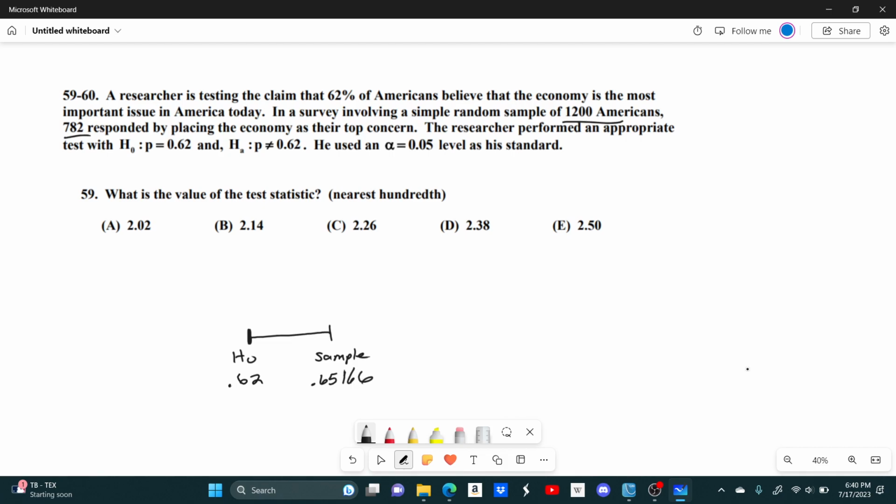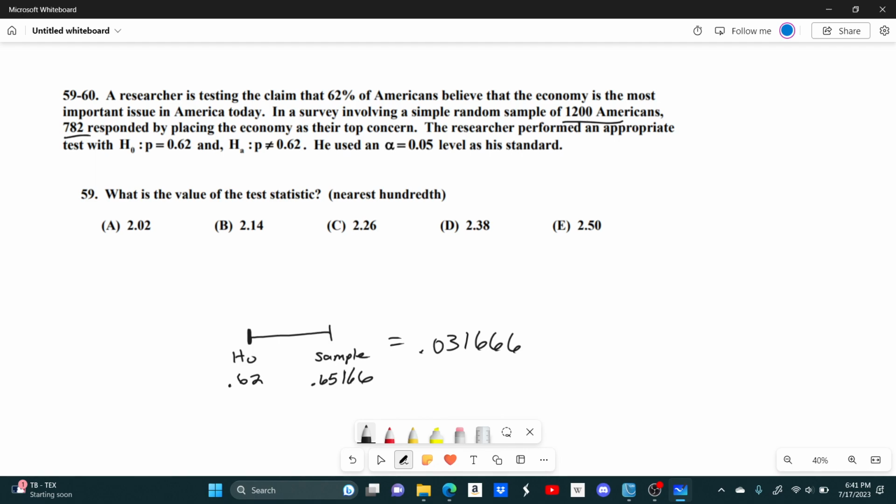Okay, and this is a distance. Not even talking about test statistics yet. This is a distance of 0.031666. So that's how far away from our null hypothesis our sample is.